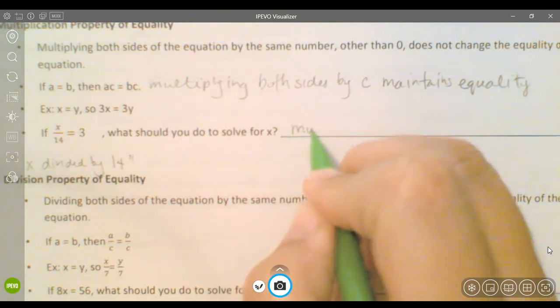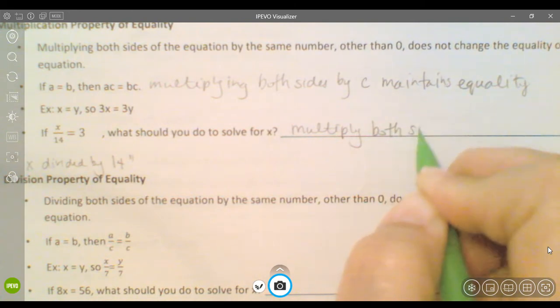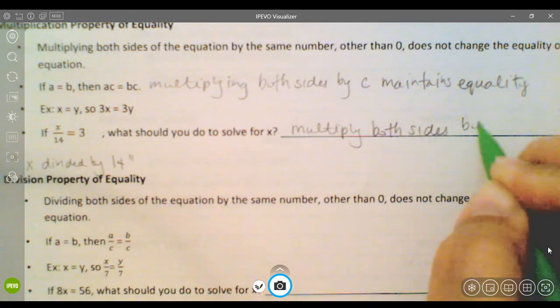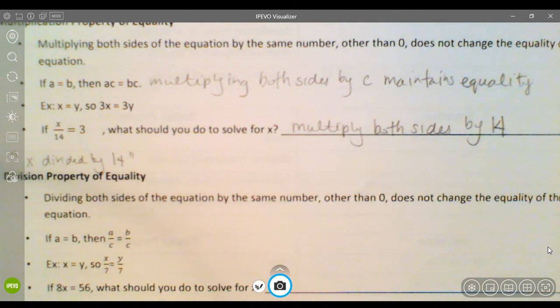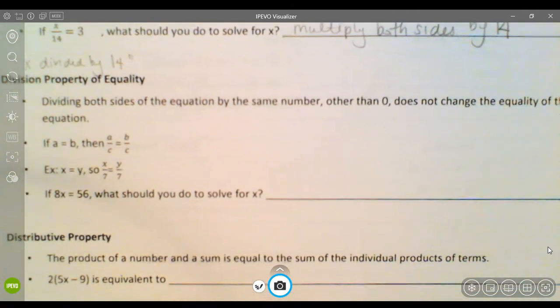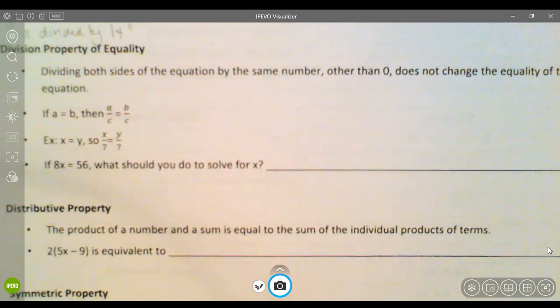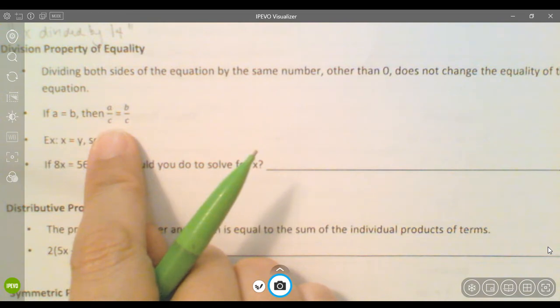You should multiply both sides by 14. How do we undo division? With multiplication. What is the inverse of division? Multiplication. Okay, so likewise, what will be the inverse of multiplication? Division.